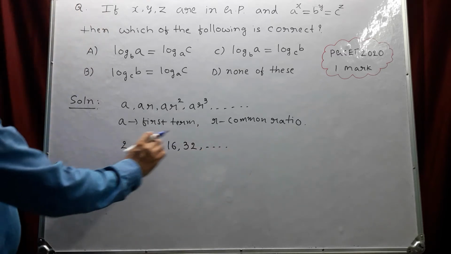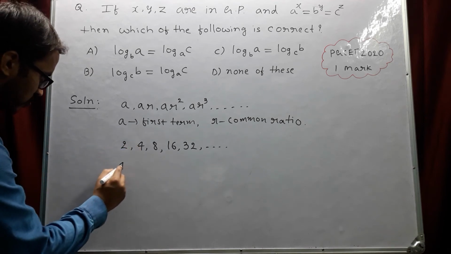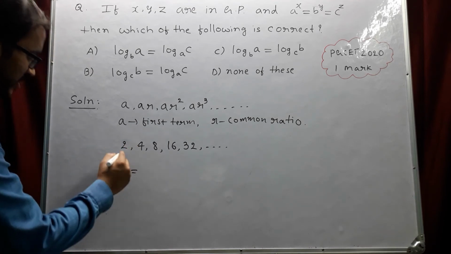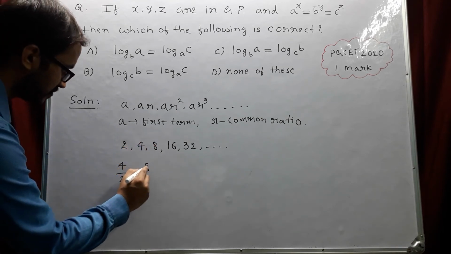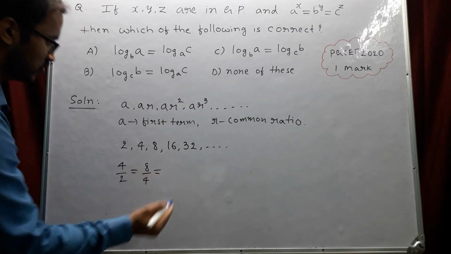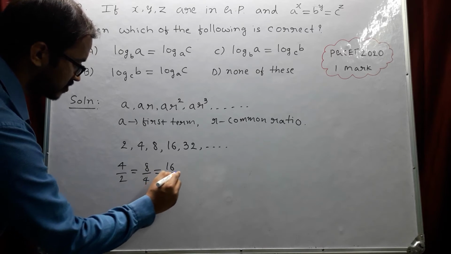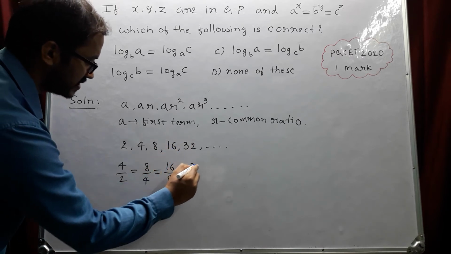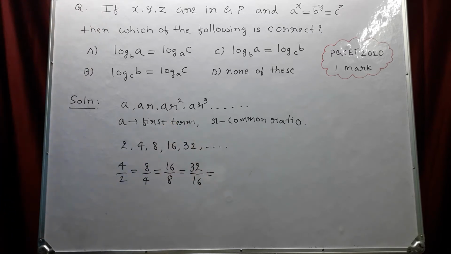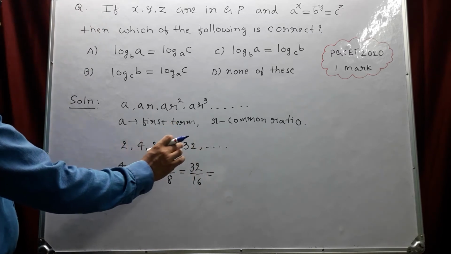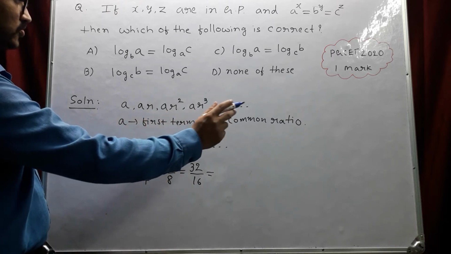If you take the ratio of any two consecutive terms, see here, 4 divided by 2, that is 2, which is the same as 8 by 4. 8 by 4 is also 2, which is the same as 16 by 8, and the same as 32 by 16. So if you take the ratio of any two consecutive terms, it should be the same. This type of sequence we are going to call a geometric progression.